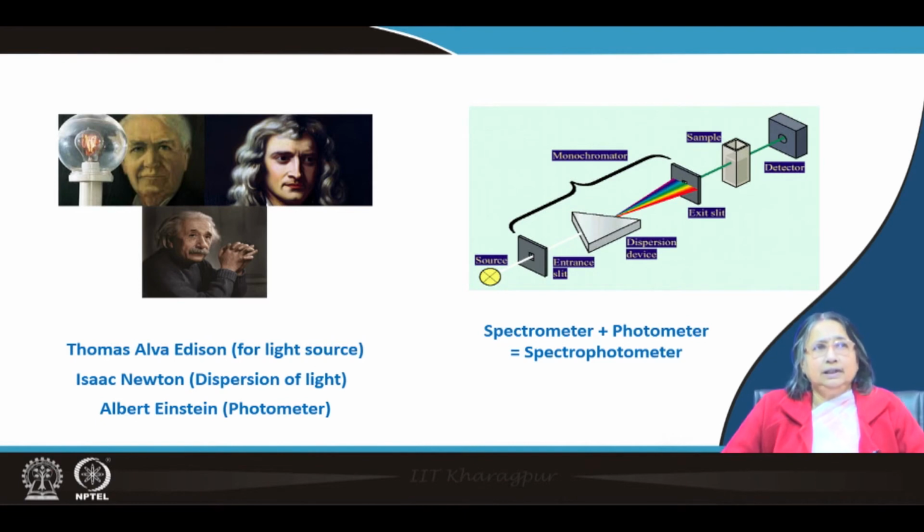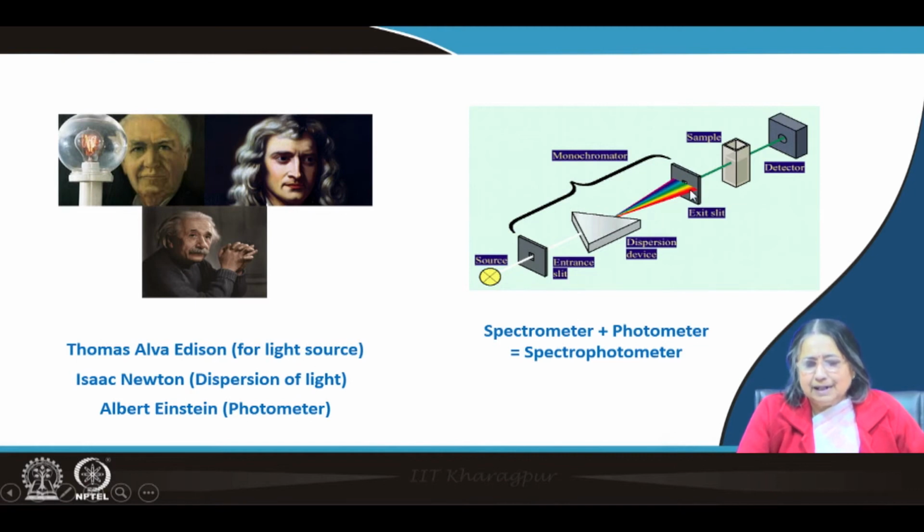For visible light, a tungsten bulb is used, and for the UV source, a hydrogen discharge lamp or, mostly, a deuterium lamp is used. Now, the second part is the diffraction grating, that means the light is dispersed into different wavelengths. Previously a prism was used, but now a diffraction grating is used.